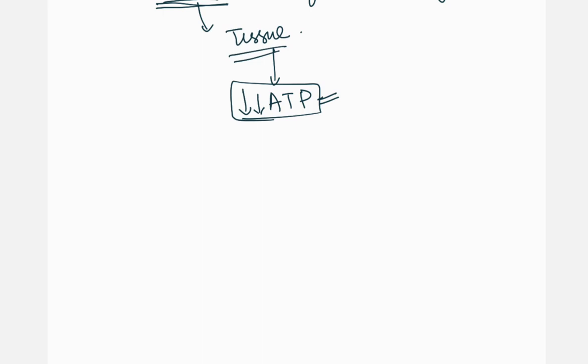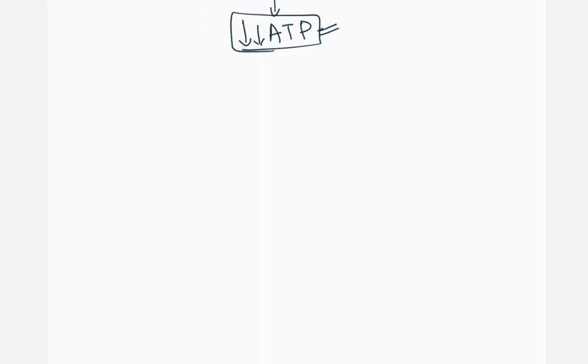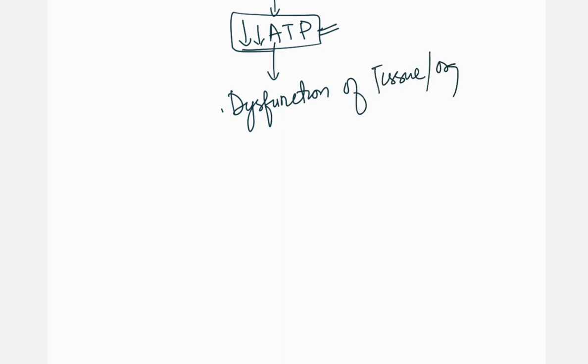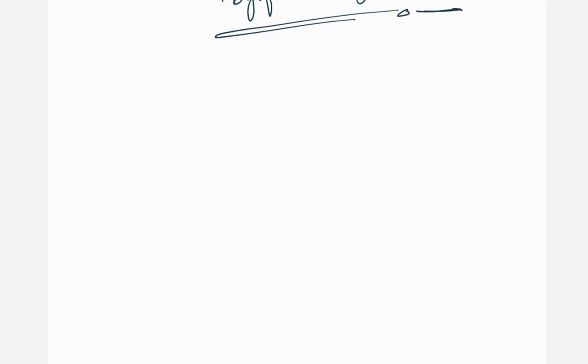But when the oxygen is reduced, the ATP is also decreased, and by this there is dysfunction of that particular tissue or organ. I hope you understand the common definition of shock.